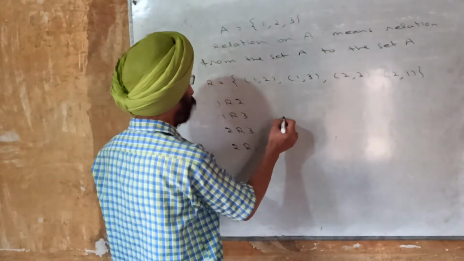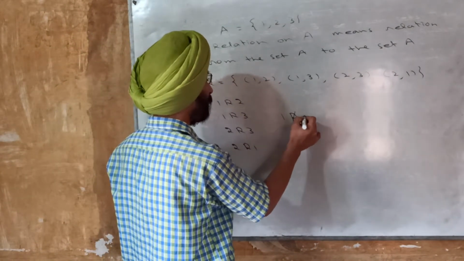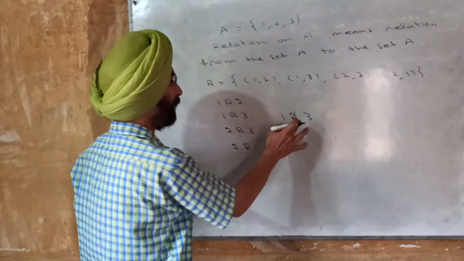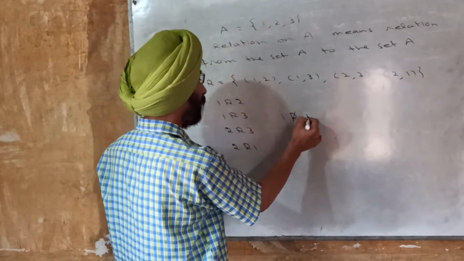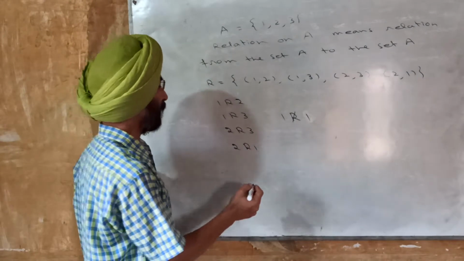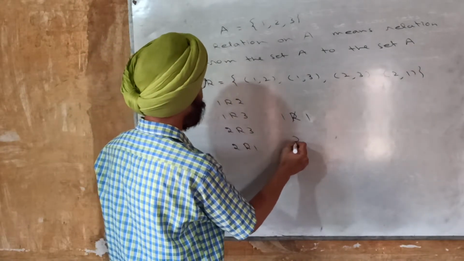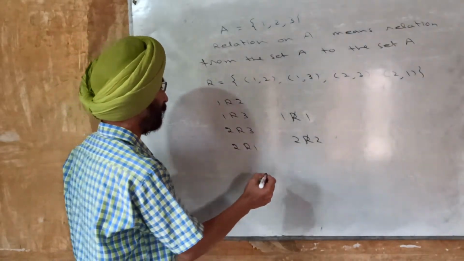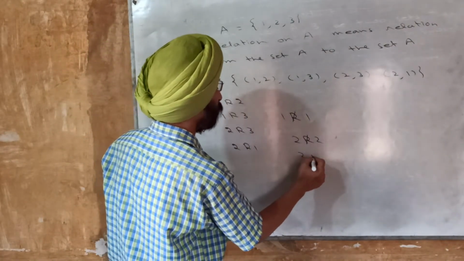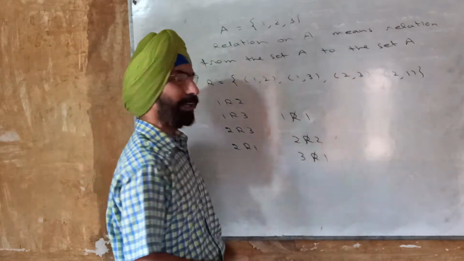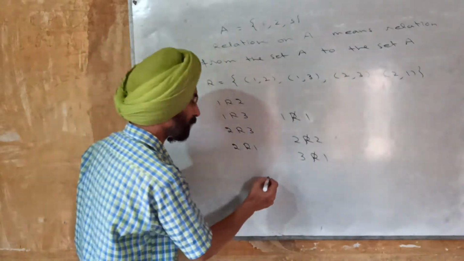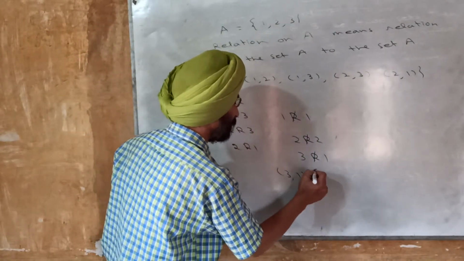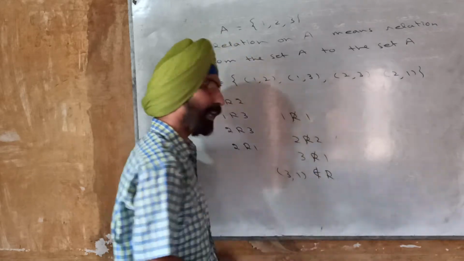Note that 1 is not related to 1 in this relation. Similarly, 2 is not related to 2. 3 is not related to any of the members. Say 1: 3 is not related to 1 because (3, 1) is not a member of R.